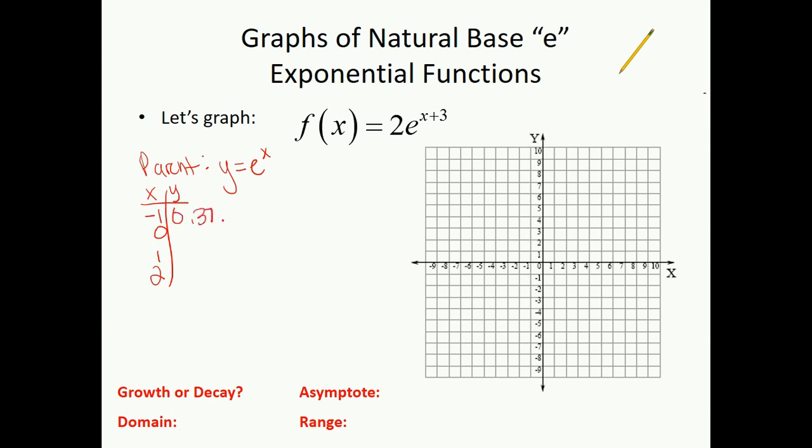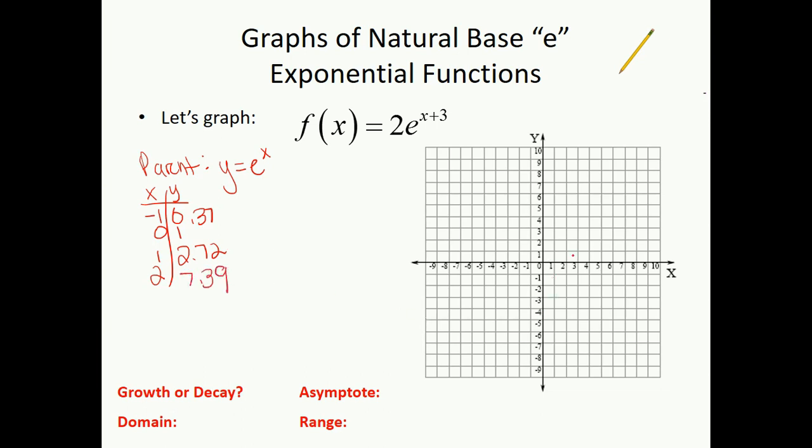All I'm doing is on my calculator I'm typing e to the -1. E to the 0 is 1. E to the 1st is 2.72. And e to the 2nd is 7.39.